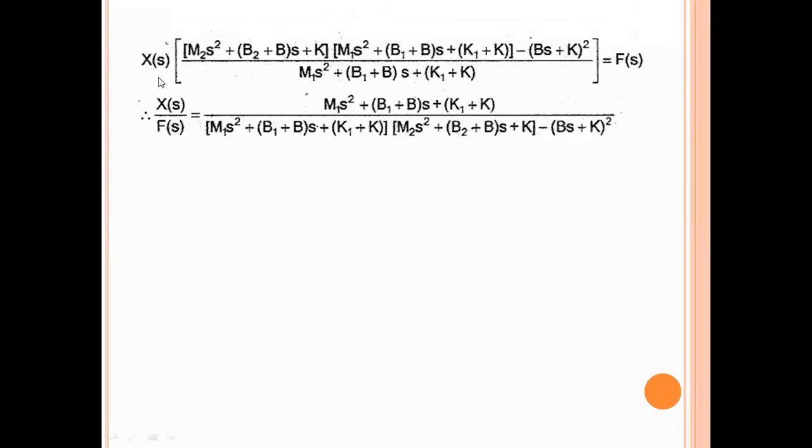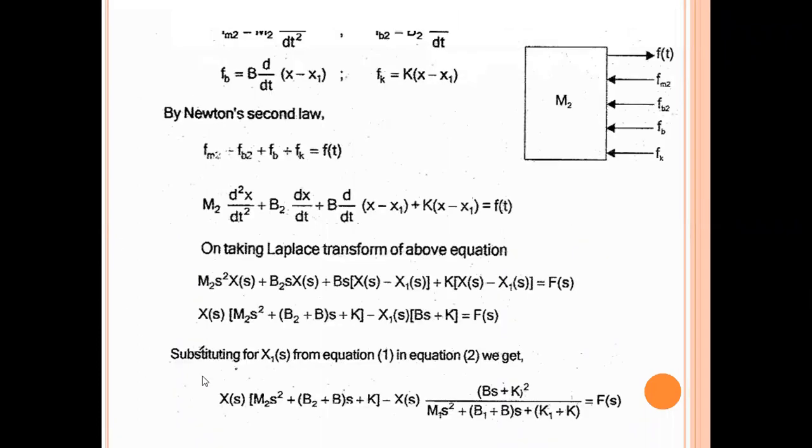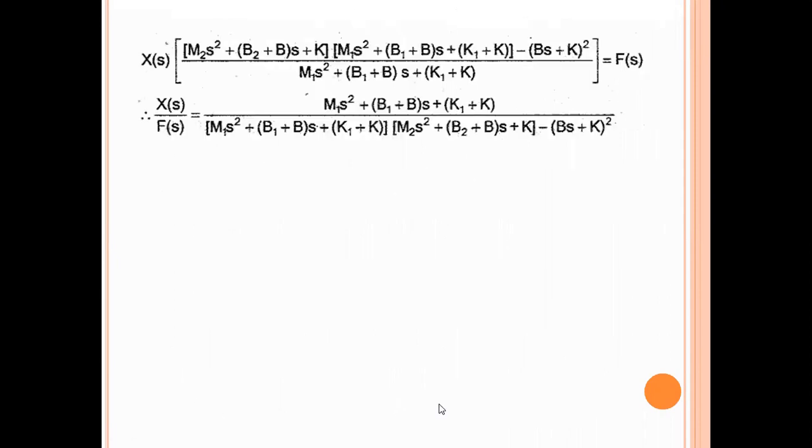You can see here, initially LCM has been taken. For these two terms, take x of s common and do LCM here. We will get it like this. Then bring this f of s to this side and this term to this side, and you will get the final transfer function, x of s by f of s, equal to this entire term.